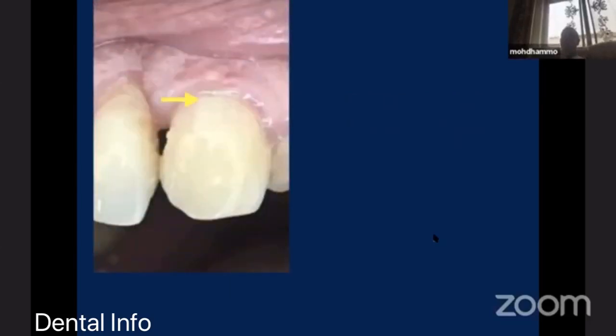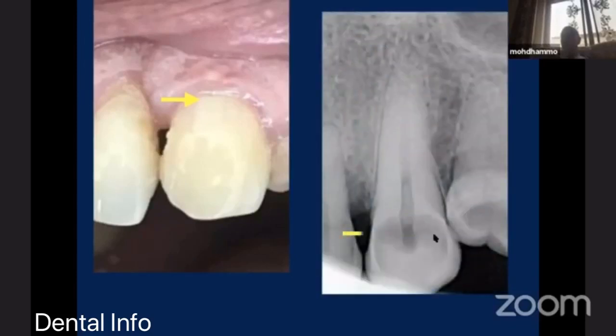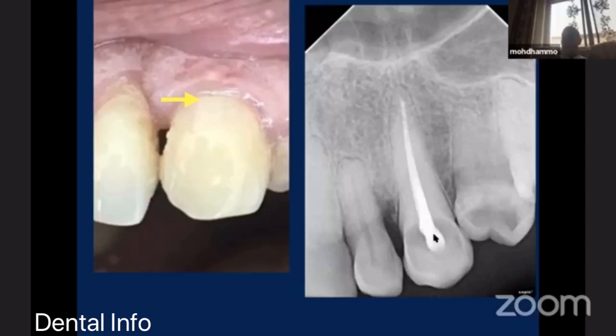So let's go back to our case here, which we have cervical resorption. So I will make root canal treatment. Then I have to make a surgical intervention. So I will make a flap here. Then I will clean the granulation tissue by ultrasonic scaler. Then I have to place trichloroacetic acid.